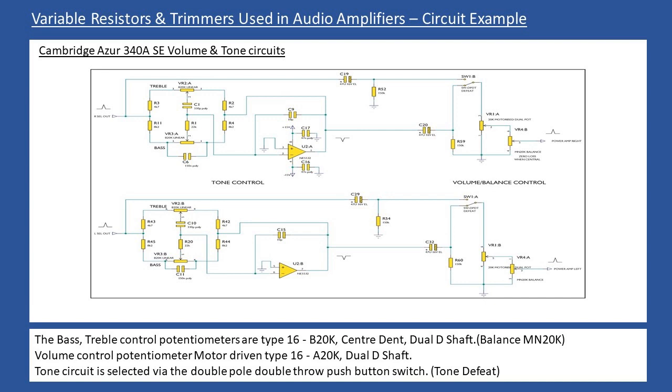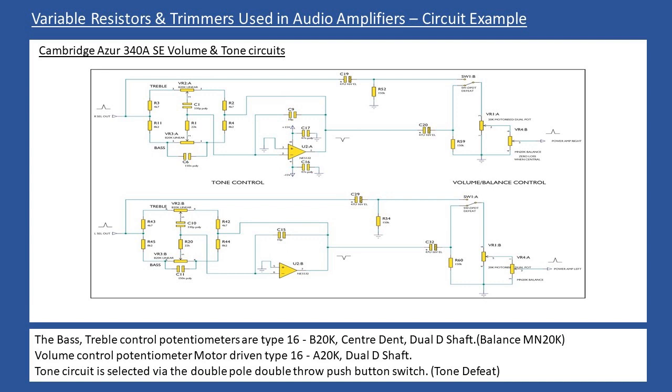Now when you have a selection called tone defeat or direct, and you select that from the front of the amplifier, all that means is that the treble, bass, and commonly the balance controls will no longer be in operation, and the volume will be the main adjustment, or in some cases just the bass and treble controls are switched out, and you can still operate balance and volume here.